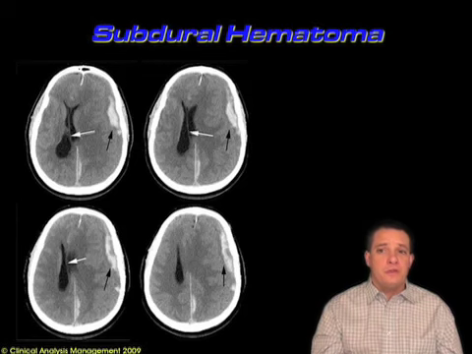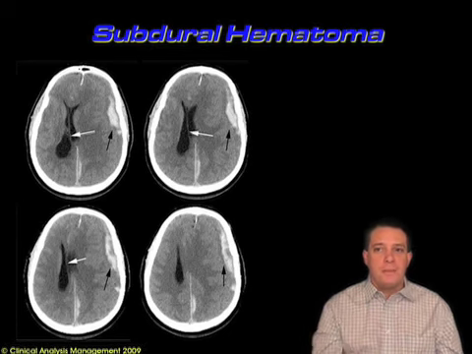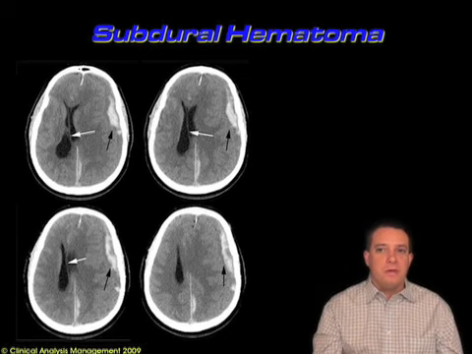Here are a couple more pictures of subdurals. When we look at these subdurals, you can see obviously that the subdural is on the right side of the skull there, assuming that the front of the skull is the part of the skull that is facing up towards the top of the screen. And when we look at this subdural, this is a very ominous subdural.